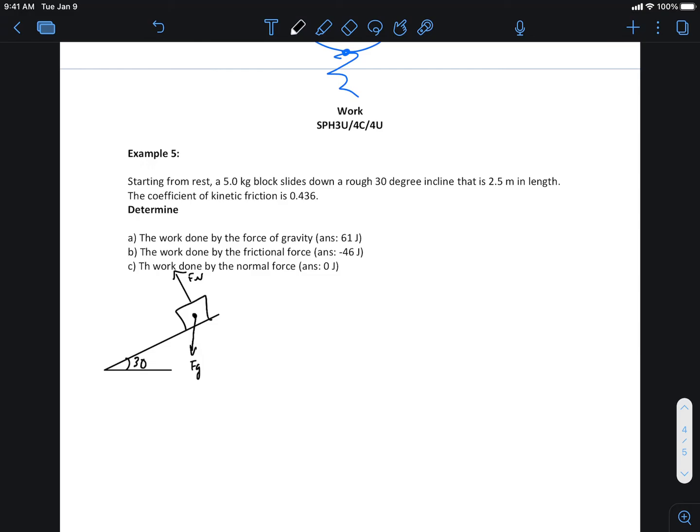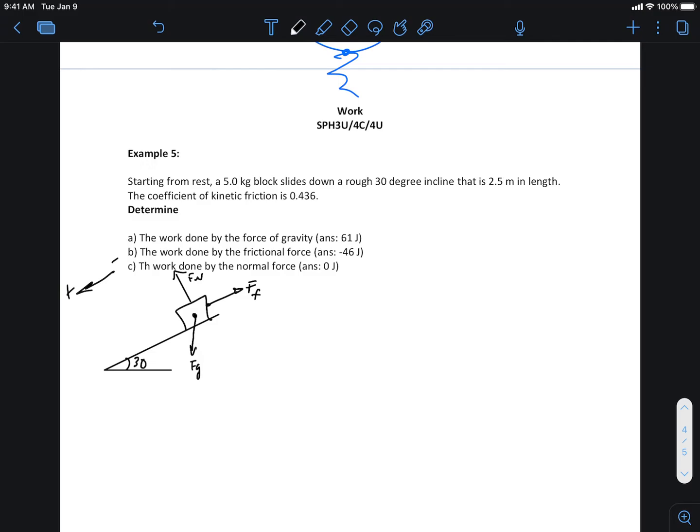And the motion I know is going to come down the ramp. So why don't we say down the ramp is positive? The other reason I like that is because I always typically make friction negative because it opposes the motion. So down the incline's positive, up the incline's negative, right?